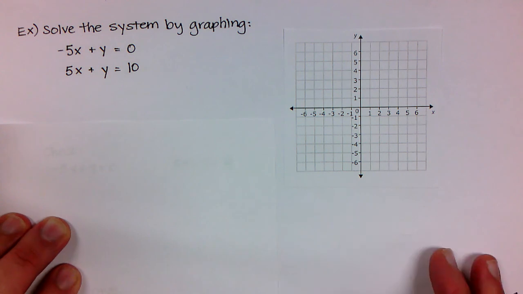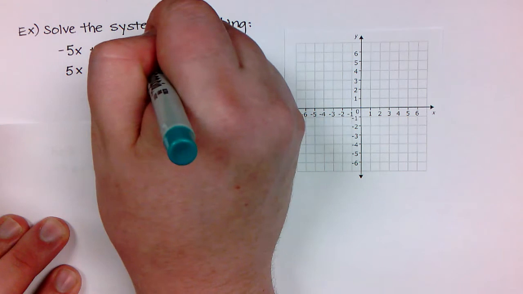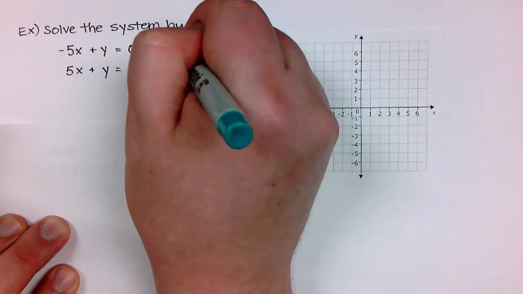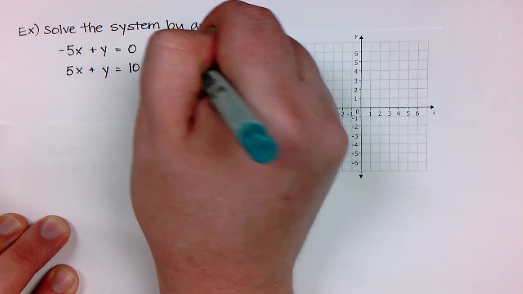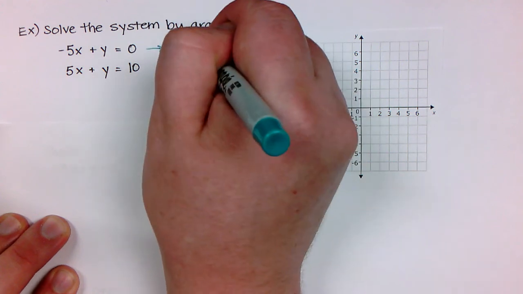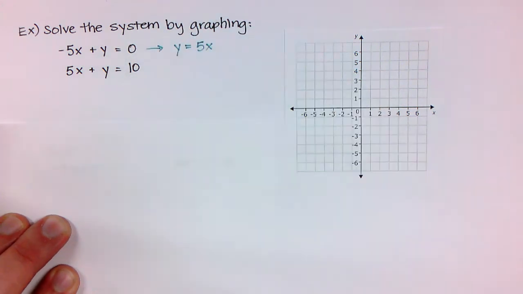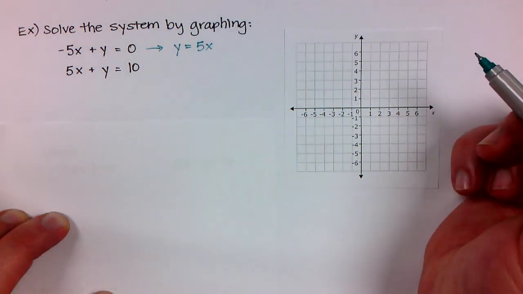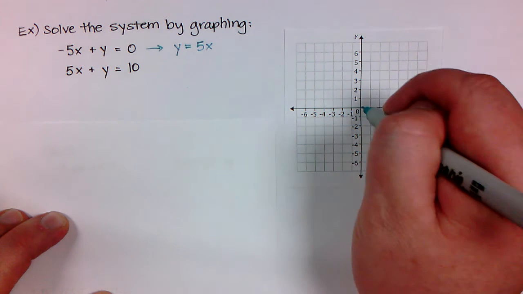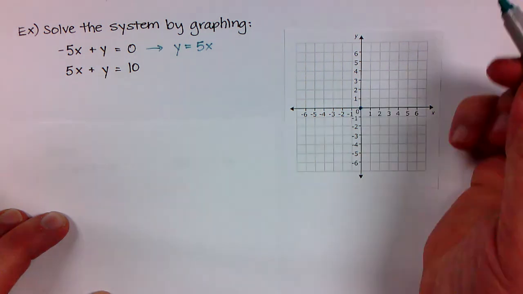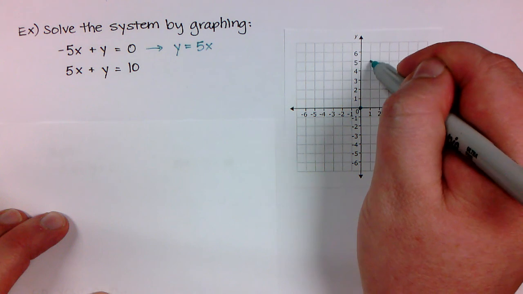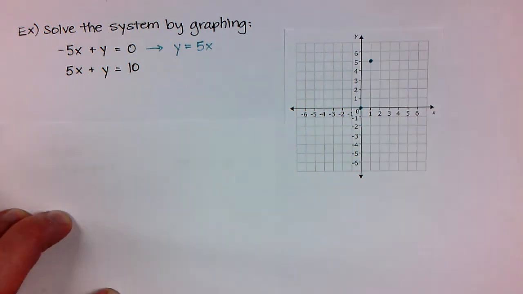If you want to try to graph it in standard form, that's fine, but I'm going to rewrite them. This time it's really easy. I just need to move the x to the other side. So the first one is going to be y is equal to 5x. If you want to put plus 0, you can, but I'm not going to. It's going to start at 0, and then I'm going to go up 5, 1, 2, 3, 4, 5, and over 1. And that is going to be my first line.